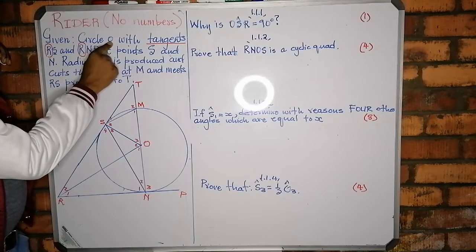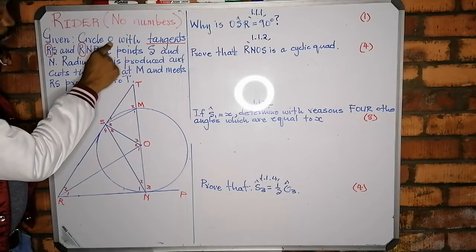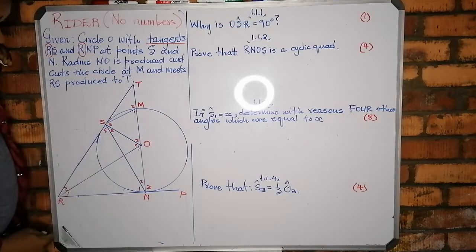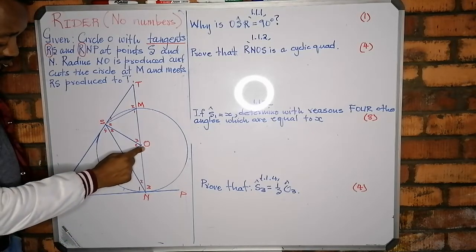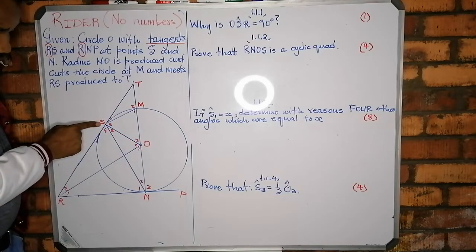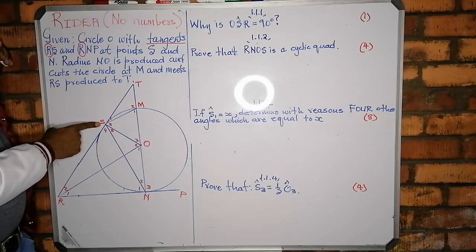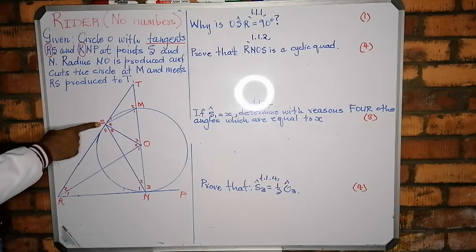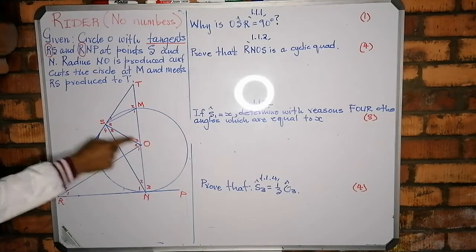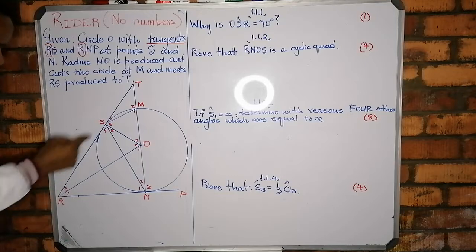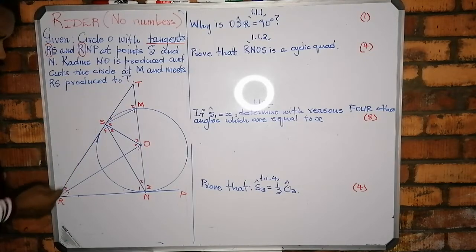We were told that there's a center O. Look at your diagram. I'm recognizing theorems now. There's a line drawn from the center to the circumference of the circle, which is known as the radius. Can you see that the radius is making contact with the tangent?